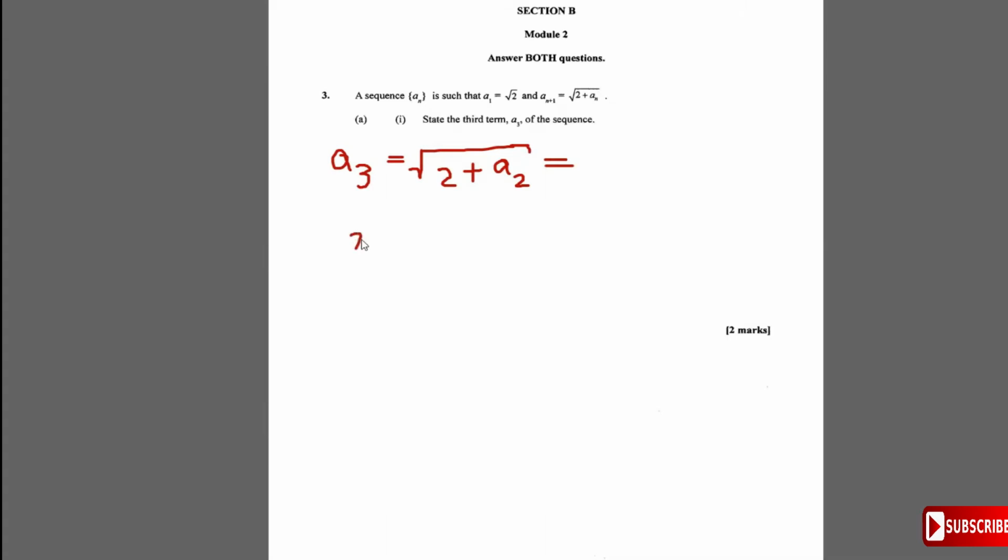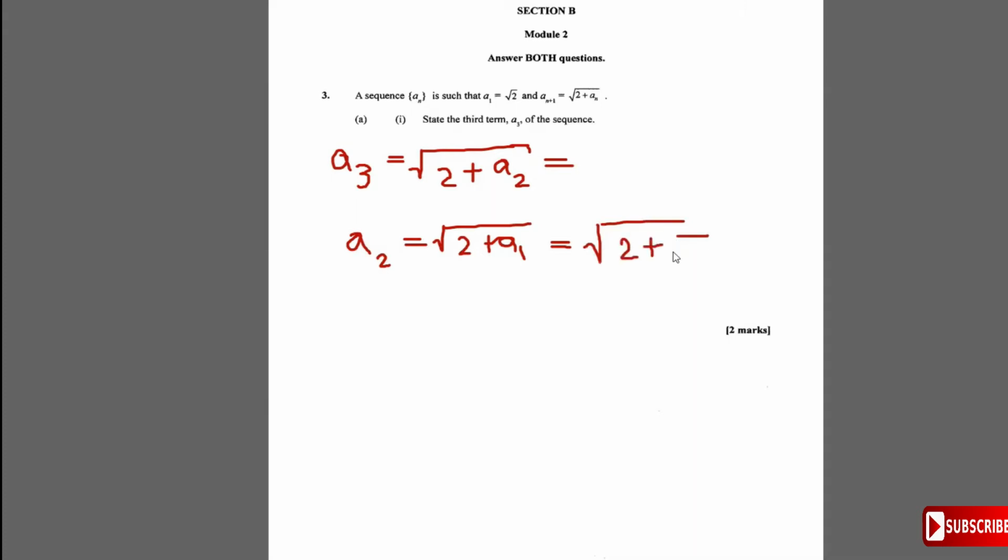So first we need to find out what a2 is, where a2 is equal to the square root of 2 plus a1. And so I'm getting that a2 is going to be the square root of 2 plus root 2.